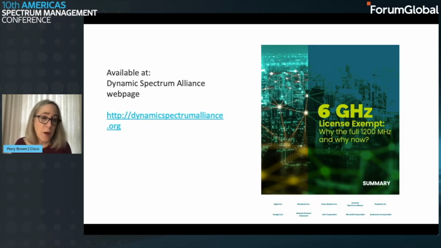So the US, Canada, Brazil, many of the countries in Region 2, Saudi Arabia, and a number of countries have considered 500 megahertz in the lower part, but have not ruled out what to do about the upper part at this point. So we have a lot of regulators concluding that yes, more spectrum is needed for license exempt, and a lot of them concluding that in fact we need the full 1200 for license exempt. So if we can move to the next slide, please.